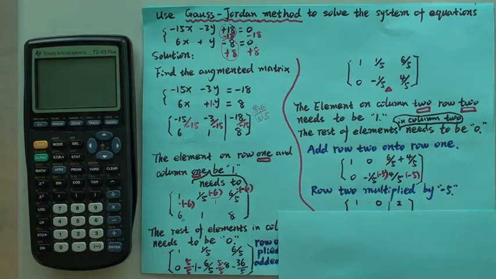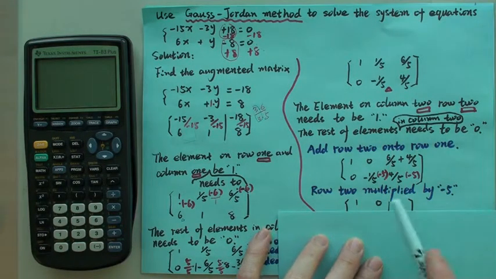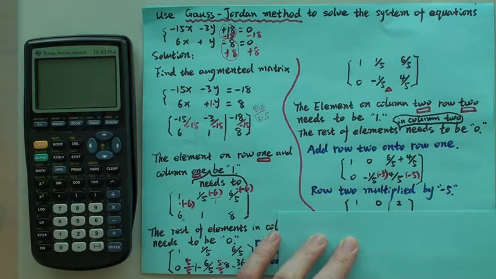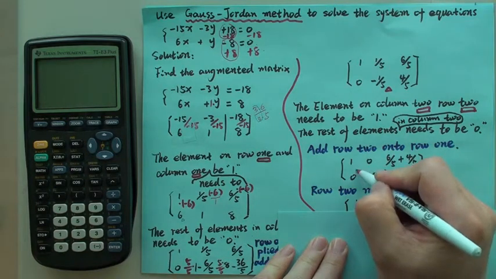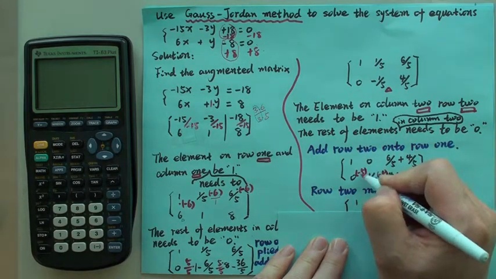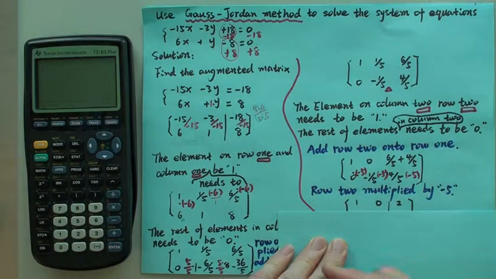You may say down here you just multiplied negative 5 to those two spots. That's not correct, because 0 multiplied by negative 5 is still 0.